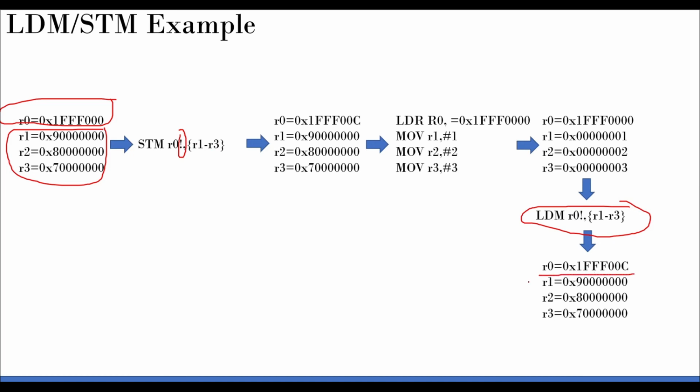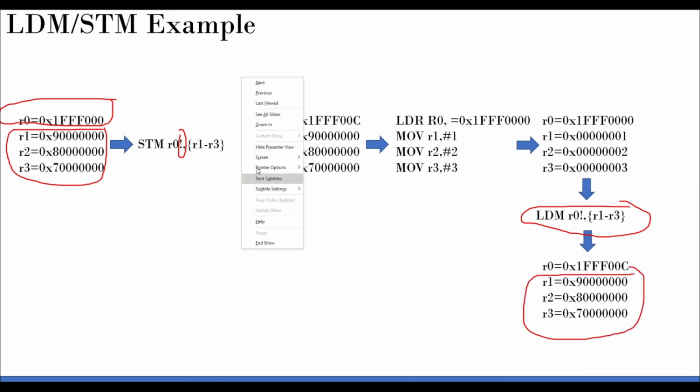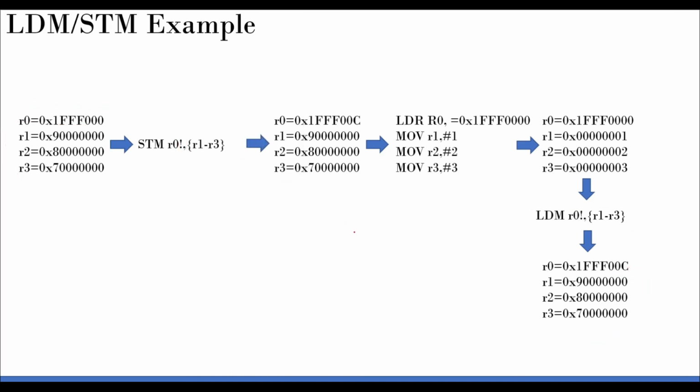So you have these values back. So this is pretty interesting to illustrate the LDM STM option. So you can store multiple register values onto the memory, as well as load multiple data from memory to the register bank instead of operating at a single register level. Okay, so that's the beauty about this.